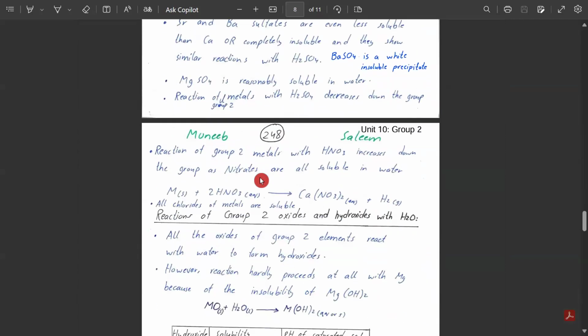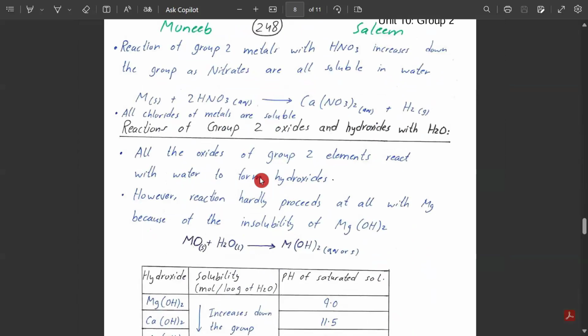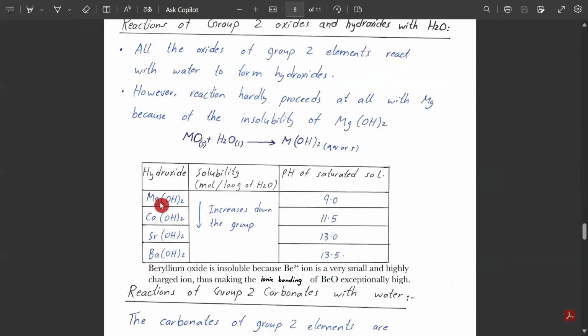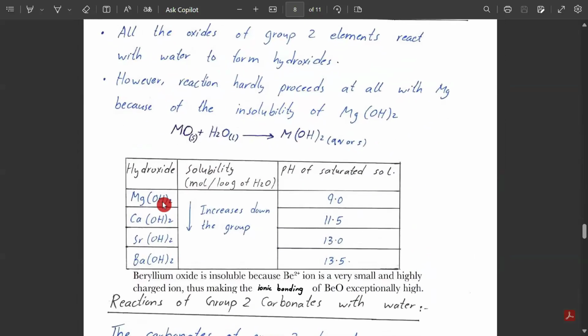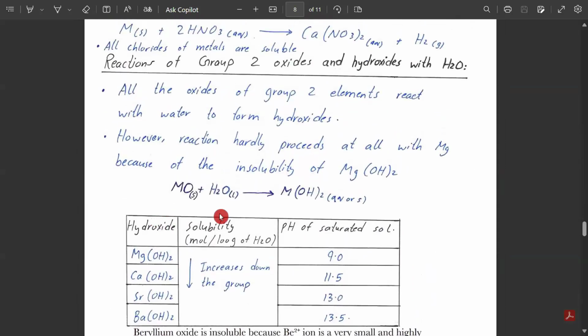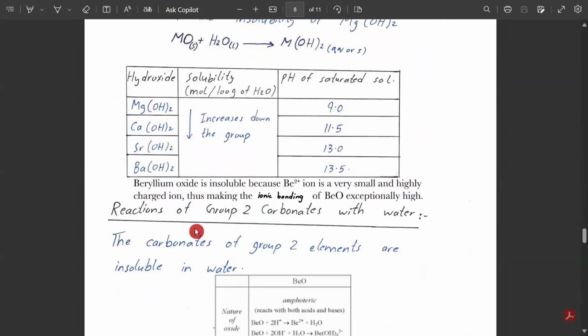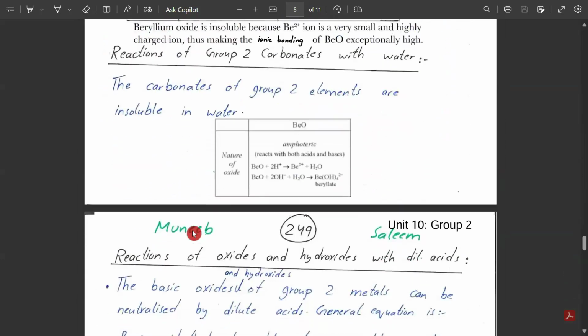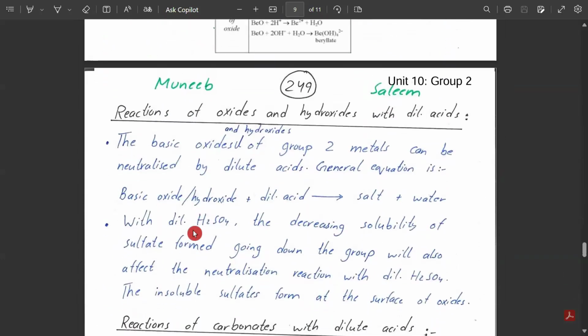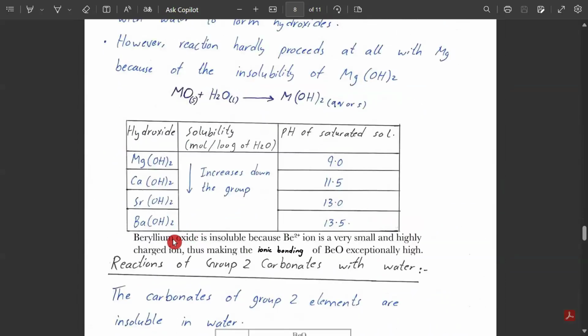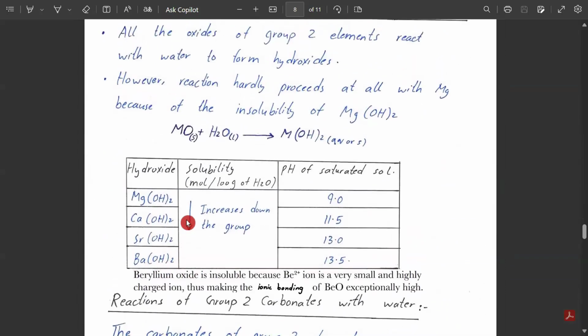So magnesium hydroxide is least soluble. In fact, it is present in the form of the solid. So the solid is produced by the magnesium hydroxide, which is least soluble.